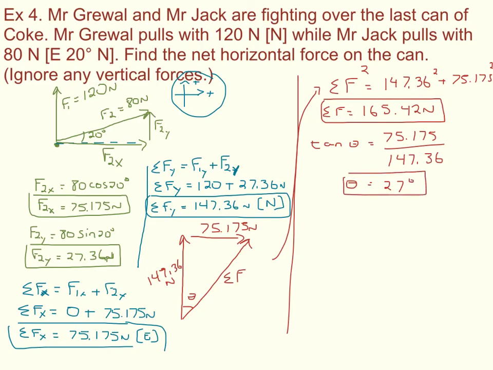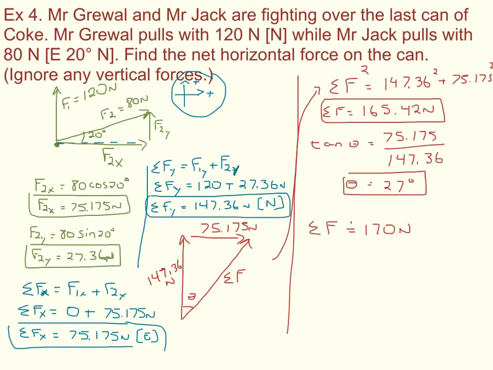Again, none of those are final answers. To write my final answer then, I need to say sum of forces in total is, and we're going to have to round that 165 for significant digits. It looks like we got 2 sig digs, so this is approximately 170 newtons. It's 165, but when we round up, 170 newtons.